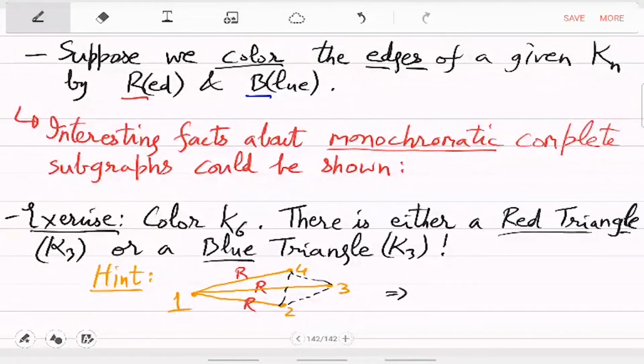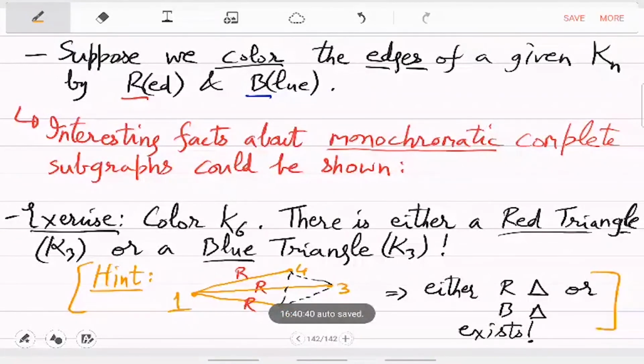So this implies either a red triangle or a blue triangle exists. Okay, so that's your hint. Next time we will generalize this.